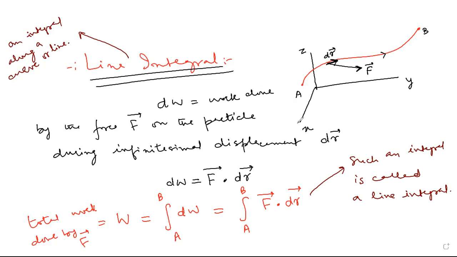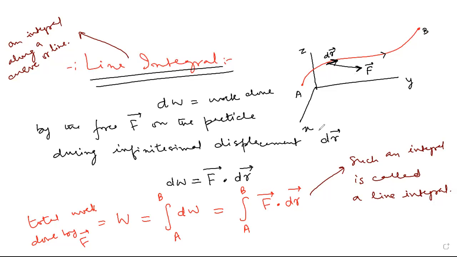So when we calculate line integral, we have some curve along which we evaluate that line integral, and we have some vector. In this case, we have vector F. Then we divide that curve into infinite small displacements and find the dot product of force.